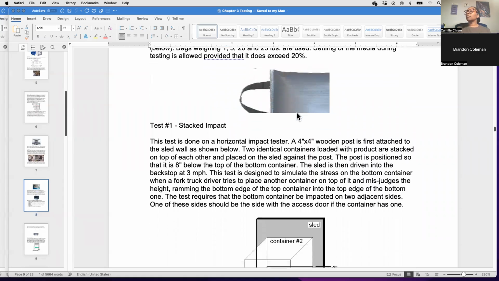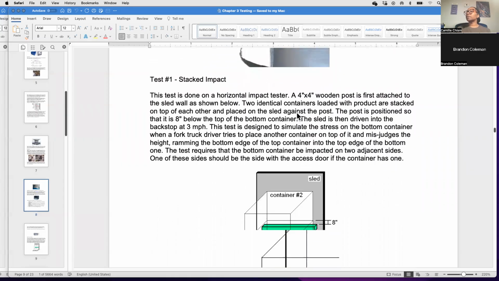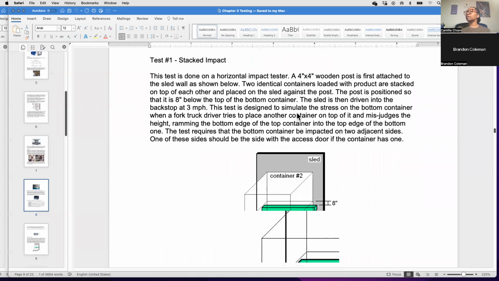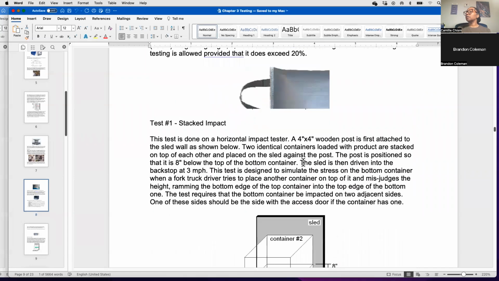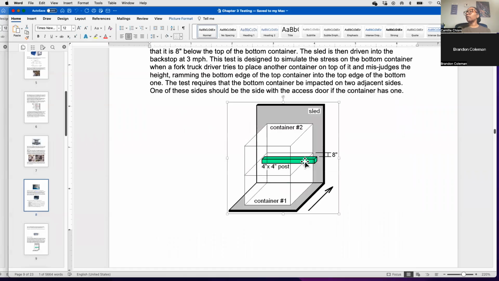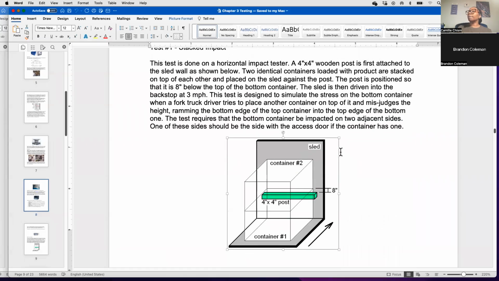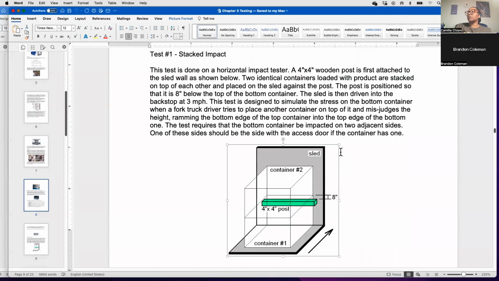Okay, so the first test, we talked about this a little bit. This is the stacked impact test. This is done on a horizontal impact tester. There's a wooden post that you have on that sled wall as well.